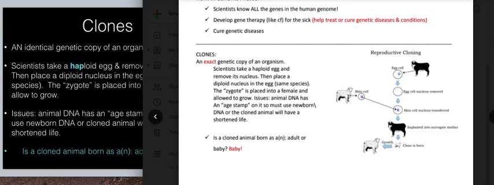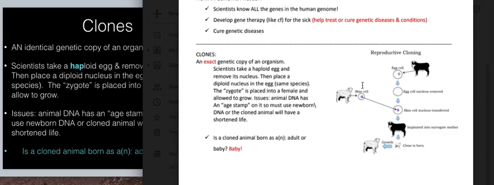This was the first mammal ever cloned. We called her Dolly, and she was a white sheep. So we took a black sheep, took an egg from one of her ovaries, and sucked out this haploid nucleus, because remember, gametes are made through meiosis, and they have a haploid nucleus.